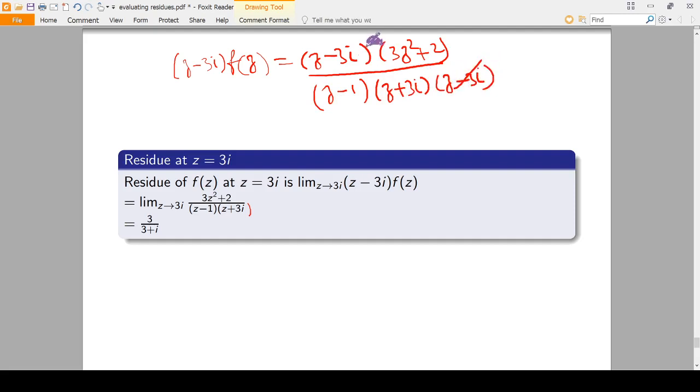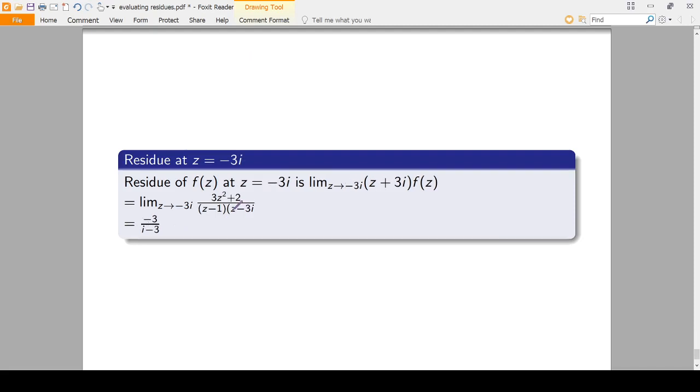Z minus 3i gets cancelled and that gives you 3z squared plus 2 by z minus 1 into z plus 3i. And when I allow z tending to 3i, I get 3 divided by 3 plus i. So the residue at the third point here will be like this.